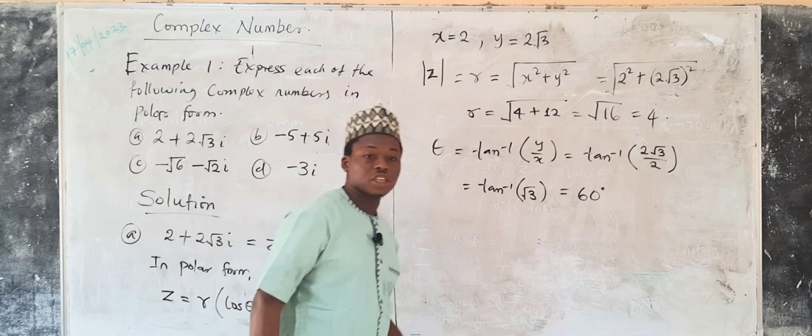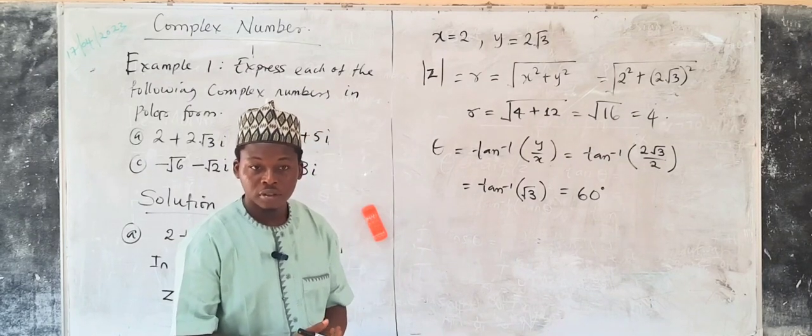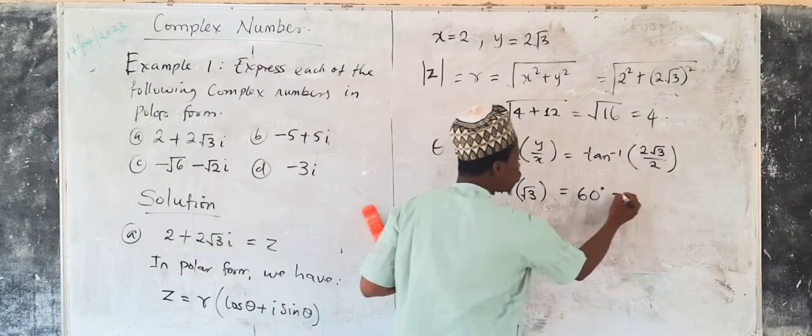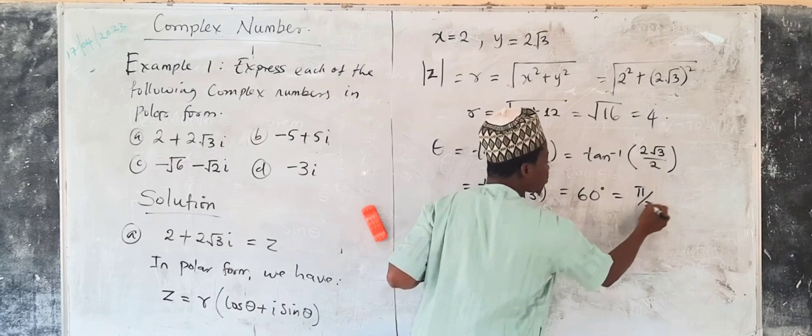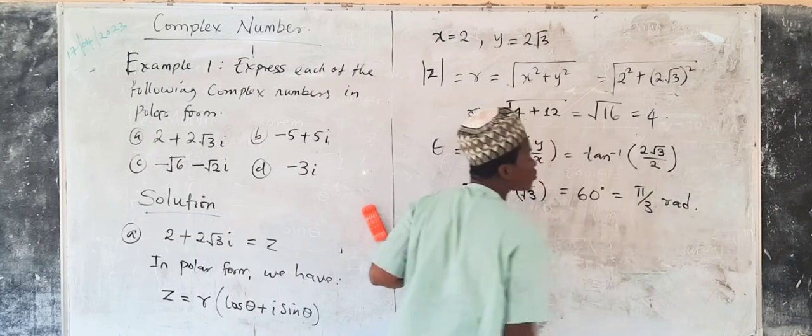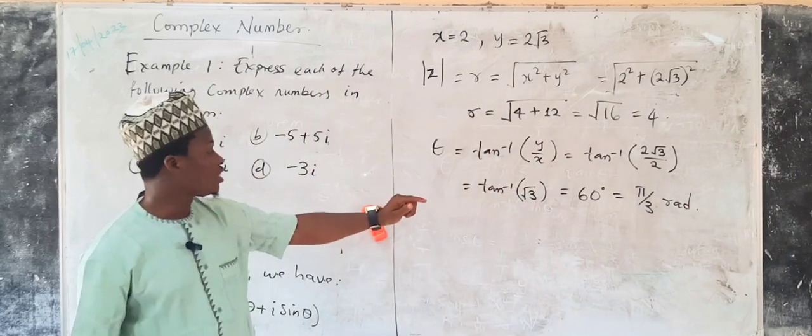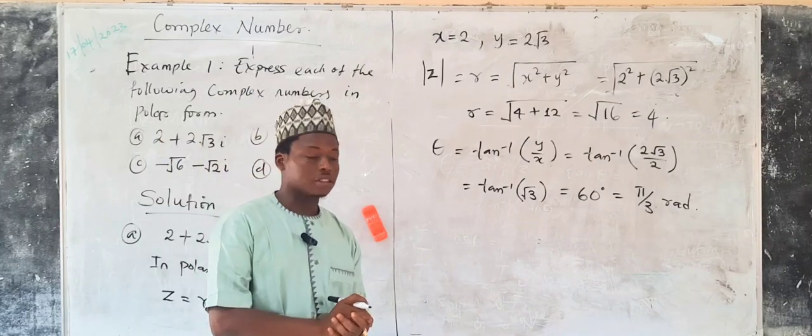This is in degrees, so in radians, which is pi over 3. So in radians, our theta is pi over 3.